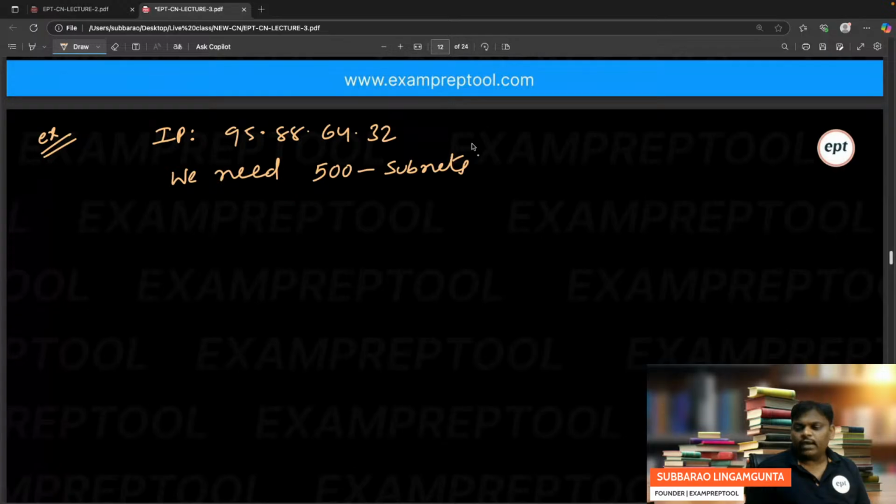We need 500 subnets. Careful, we need 500 subnets.